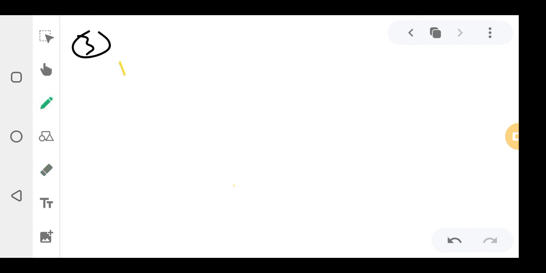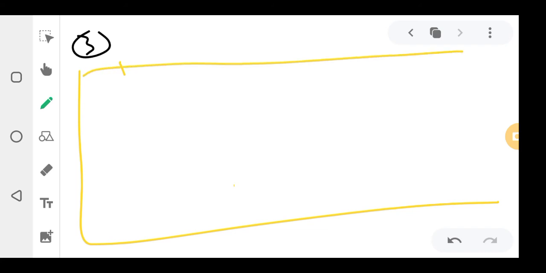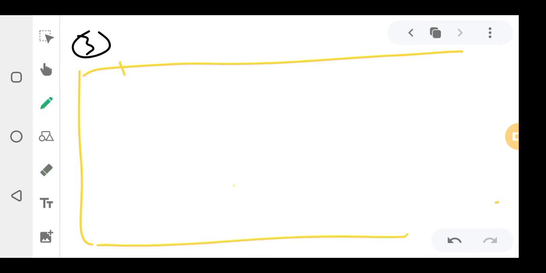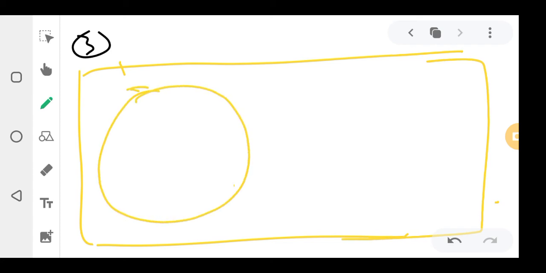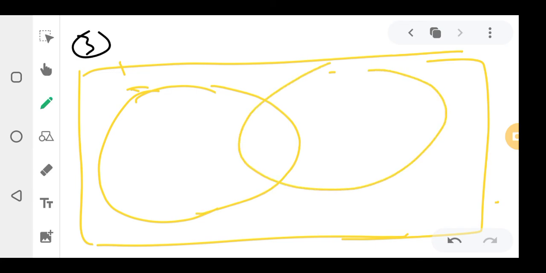So if, for example, the diagram is like this, there is this one, and it goes like that, and then there is another one there, and another one down here.